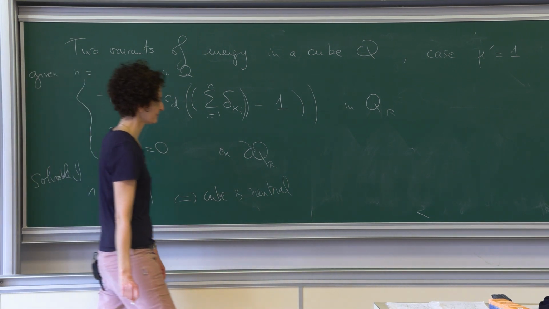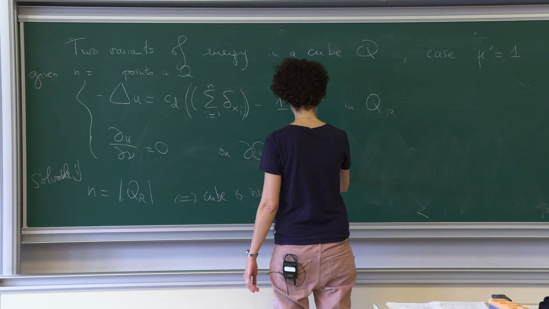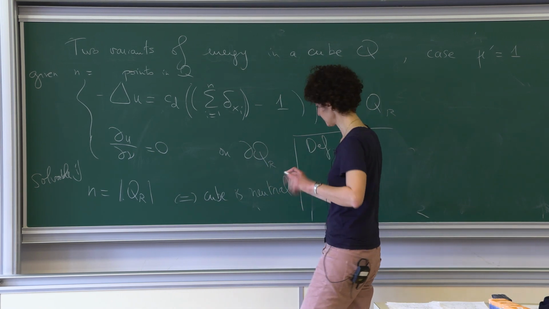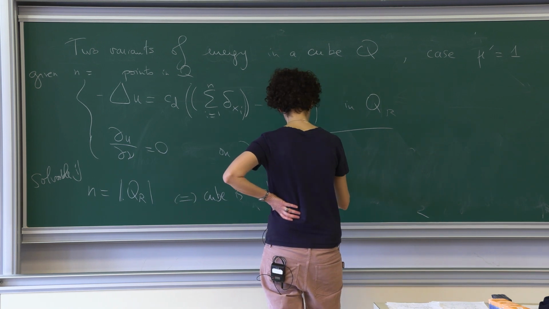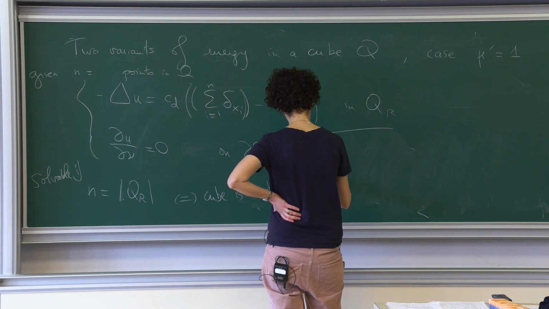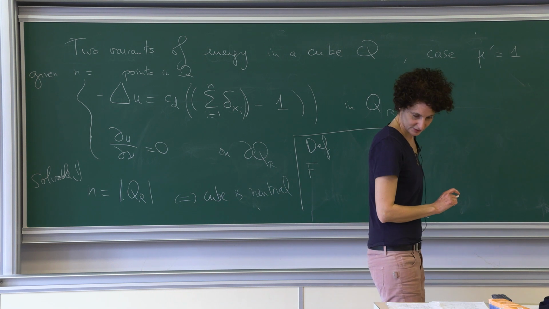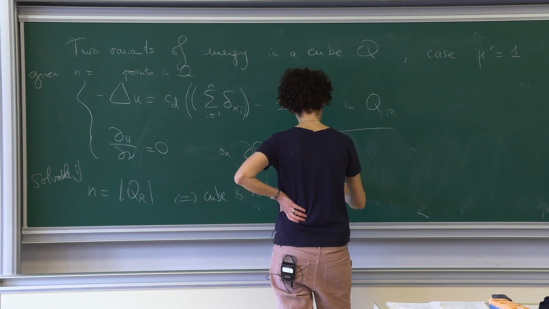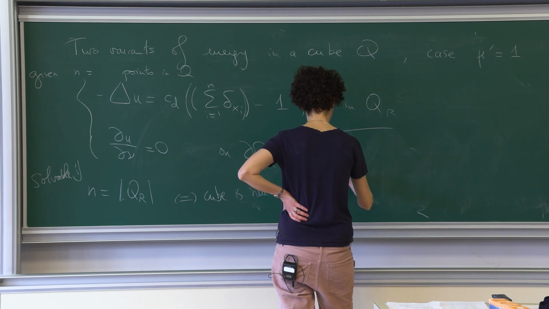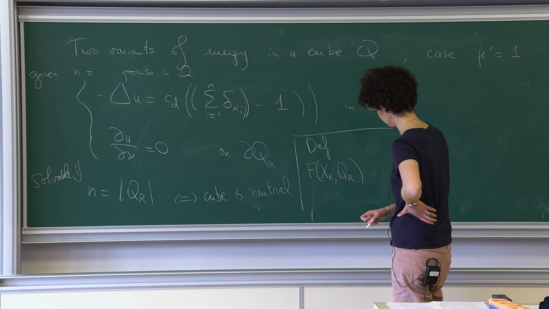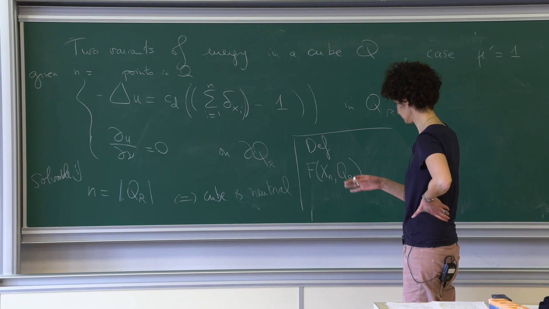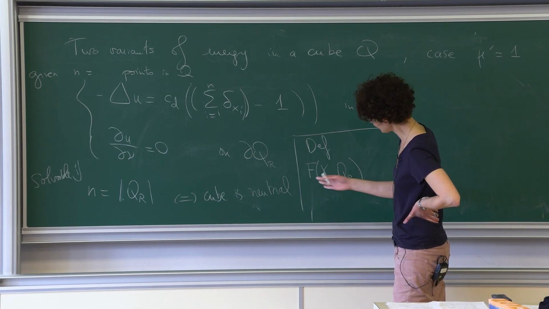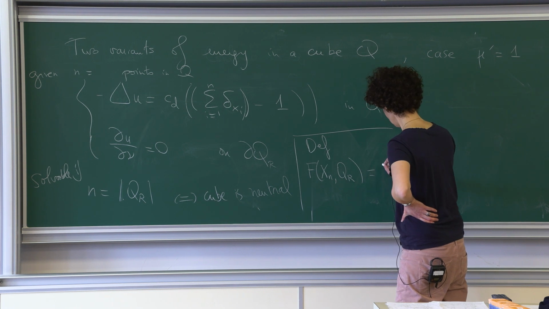So if I can solve that, I will define, and I use the same notation, it's not a coincidence, I will define f. It's a slightly different quantity, but it's almost the same quantity.